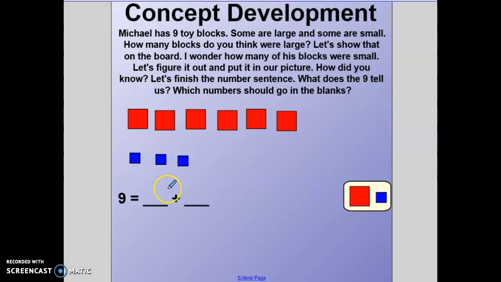If part plus part equals whole, whole could also equal part plus part. So how many large blocks do we have? 1, 2, 3, 4, 5, 6. So 9 equals, our whole equals 6 plus, how many are down here? 1, 2, 3.